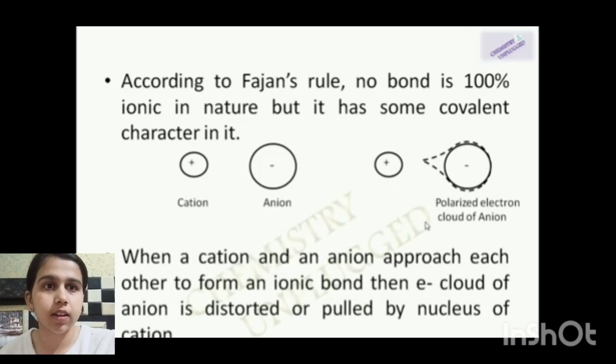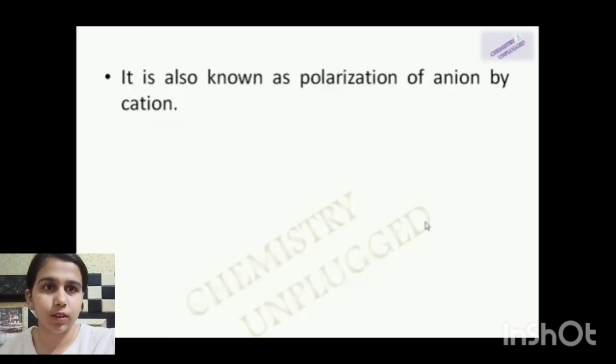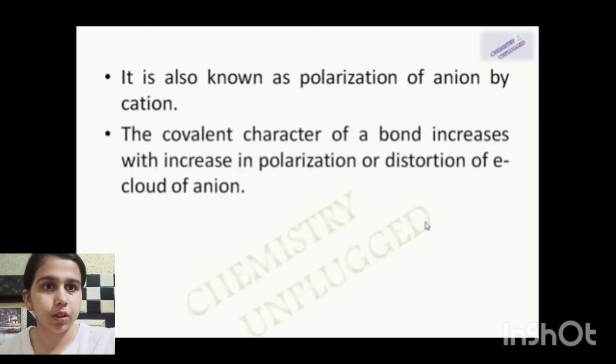When the electron cloud of anion is distorted or pulled by cation, there is development of polarization in anion, and this distortion and polarization is responsible for development of covalent character. So, covalent character of a bond increases with increase in polarization or distortion of electron cloud of anion.